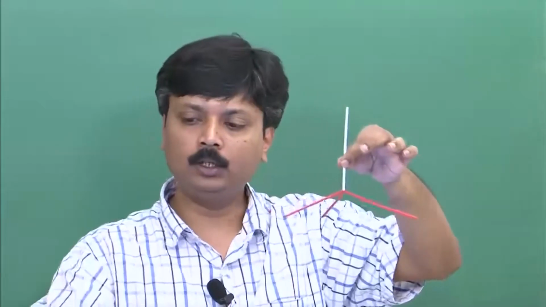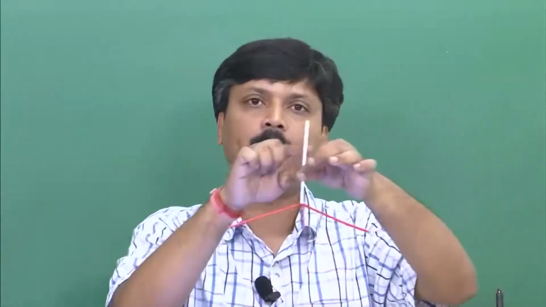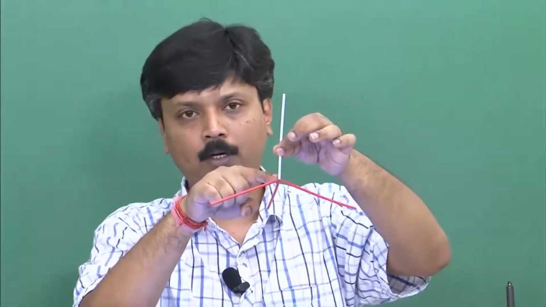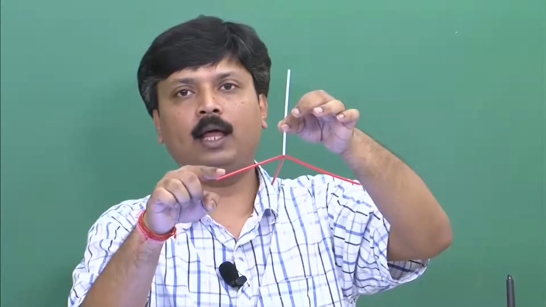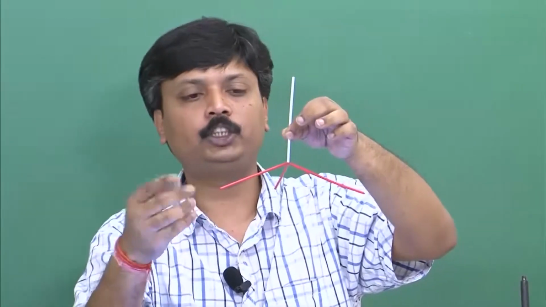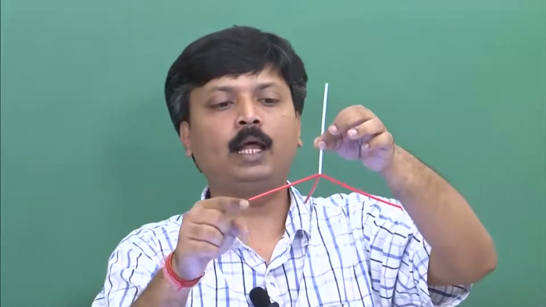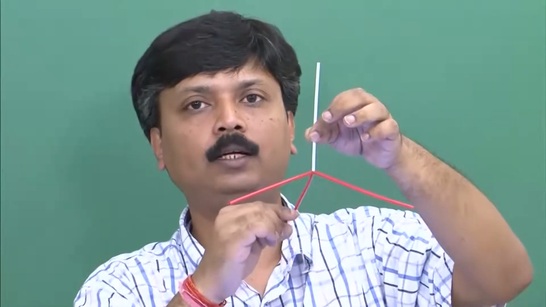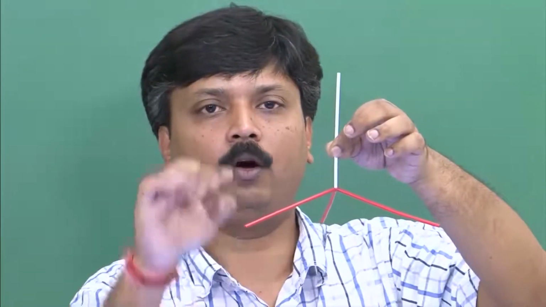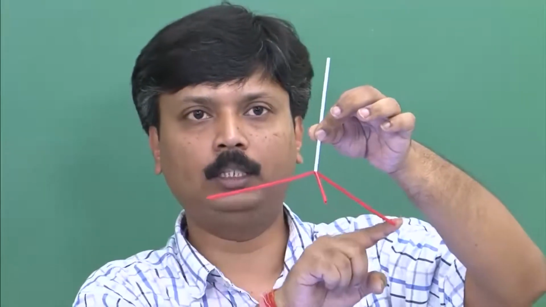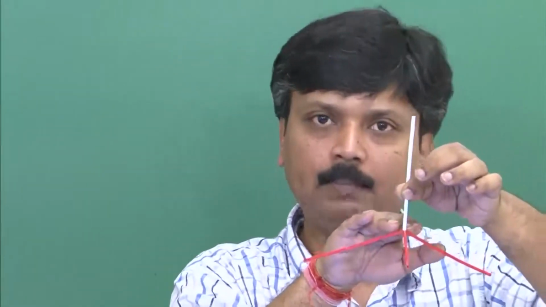Answer is no, because this is my principal axis of symmetry, and if I have a plane perpendicular to this principal axis of symmetry, then I really do not have any equivalent or indistinguishable structure when I reflect any point from this side onto this plane, right? Because I will not find a counterpart for this point on the other side. So there is no such sigma H plane in this particular molecule, but you can actually have a sigma H plane if you consider certain other molecules.